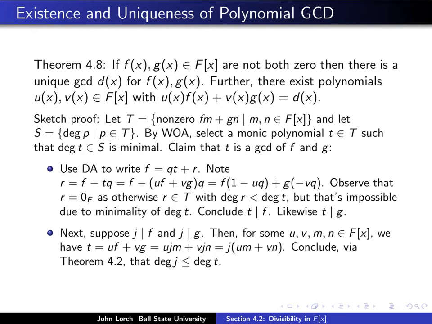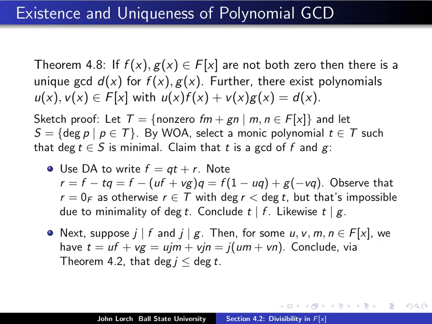So we're going to let T be the set of all non-zero linear combinations of f and g, where m and n are polynomials in our polynomial ring.